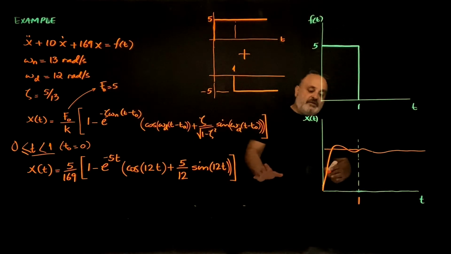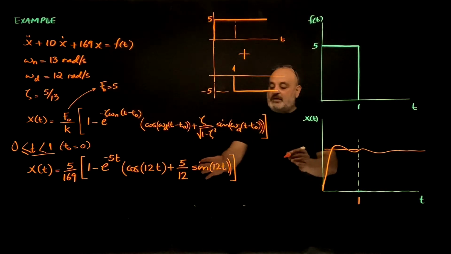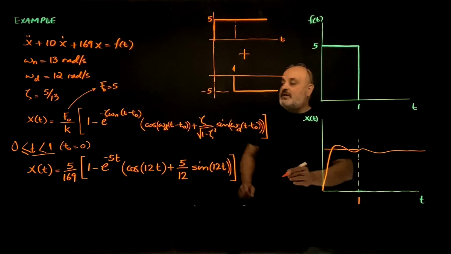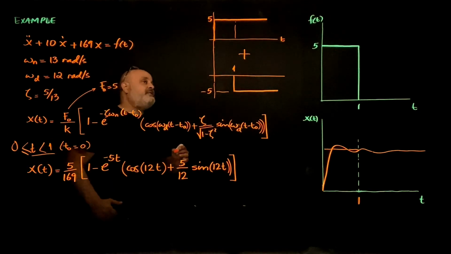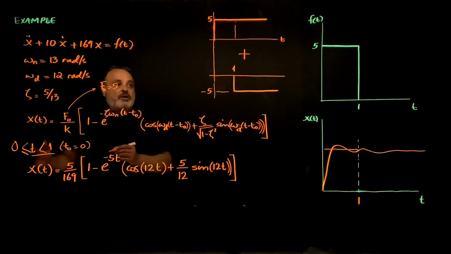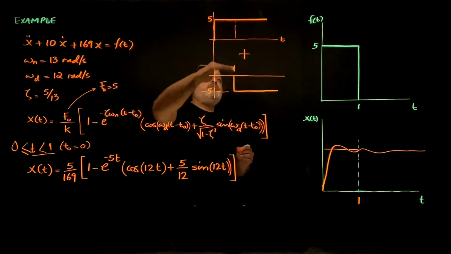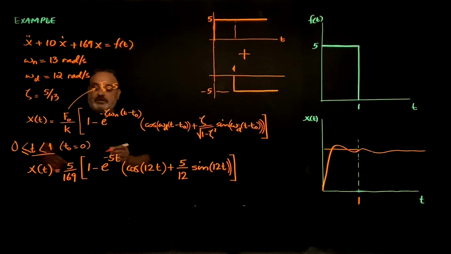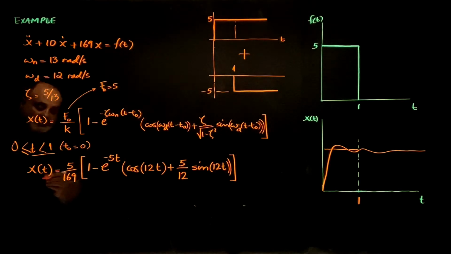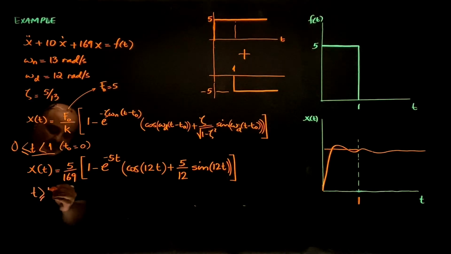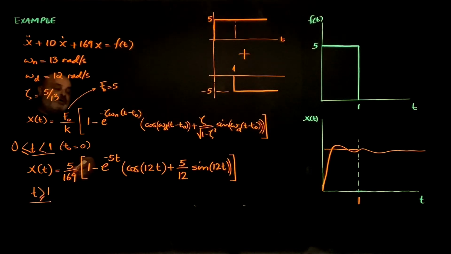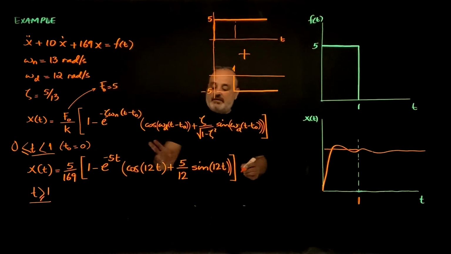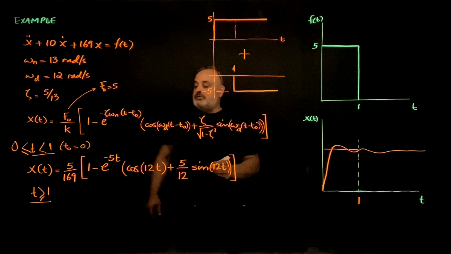Now, but this solution applies only to the period from 0 to 1. So now, what happens for the solution after 1 second? After 1 second, I will have to include both steps. So I will have the response due to the first step, so for t greater than 1, for both steps. For step number 1, I have this response, x1.